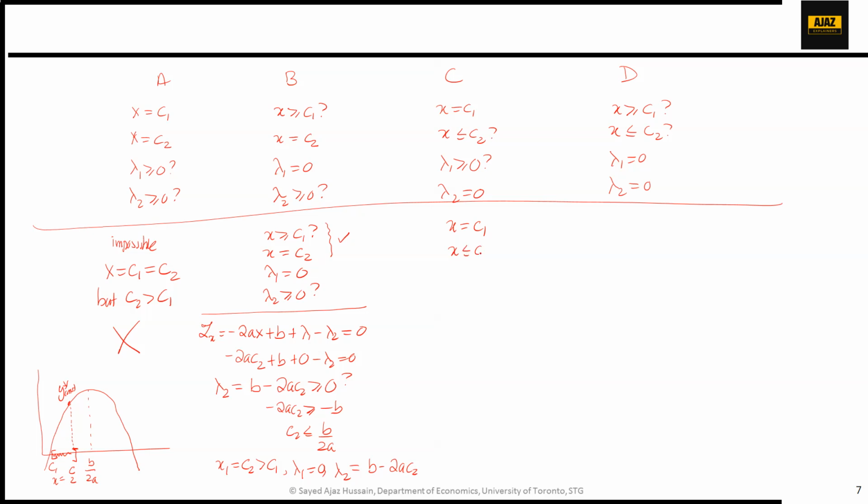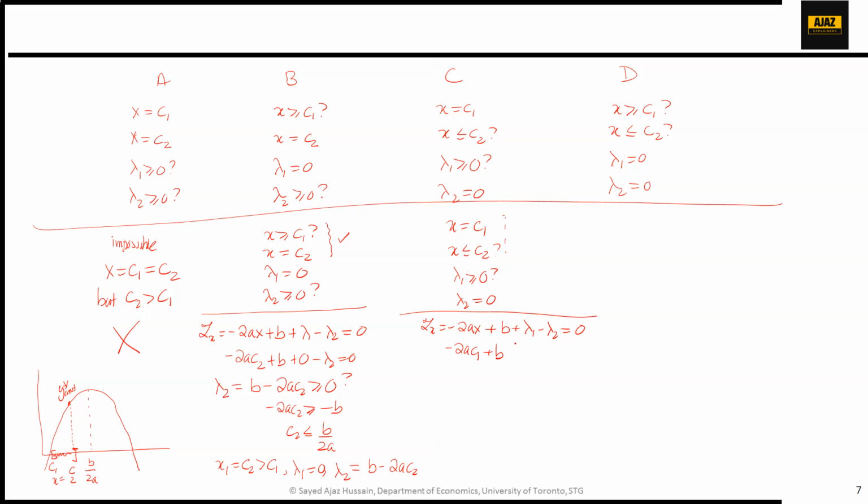Next up, we know x is equal to c1. We want to know whether that means it's also less than or equal to c2. Well, of course, yes, because c1 is less than c2. So we know that is going to be satisfied. We wonder if lambda 1 is bigger than or equal to 0, and we know that lambda 2 is 0. Again, by the first order condition, which was minus 2ax plus b plus lambda 1 minus lambda 2 is equal to 0, we now know that x is equal to c1.